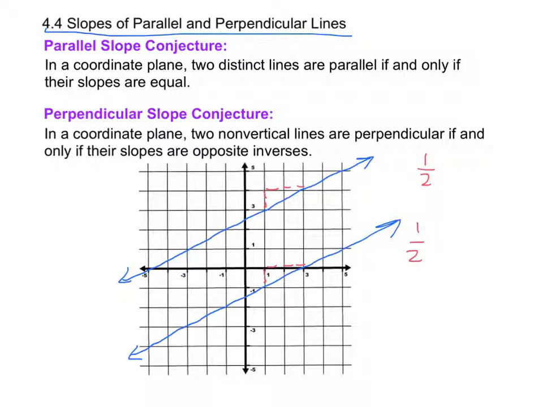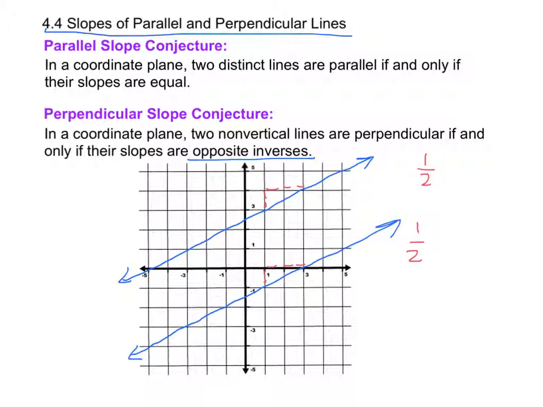Now, perpendicular slopes, however. In a coordinate plane, two non-vertical lines are perpendicular if and only if their slopes are opposite inverses. So if you don't know, an opposite inverse is the opposite of a number, so the negative of a number, and then the inverse.